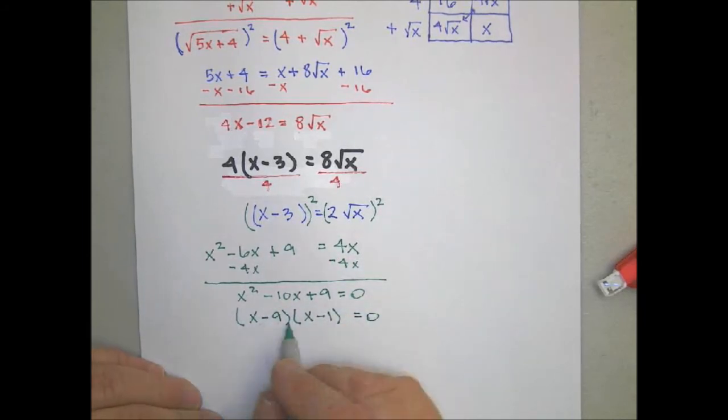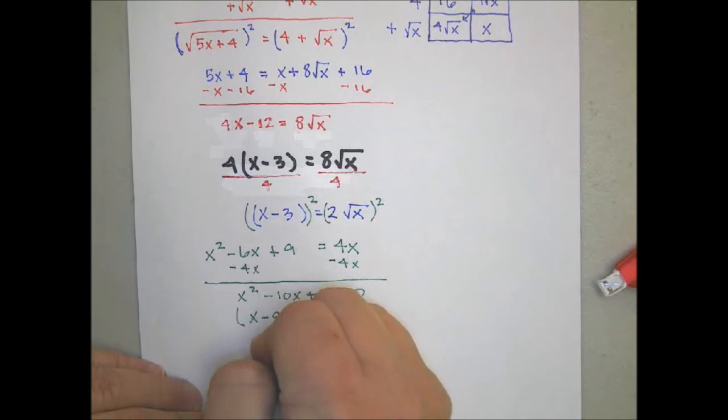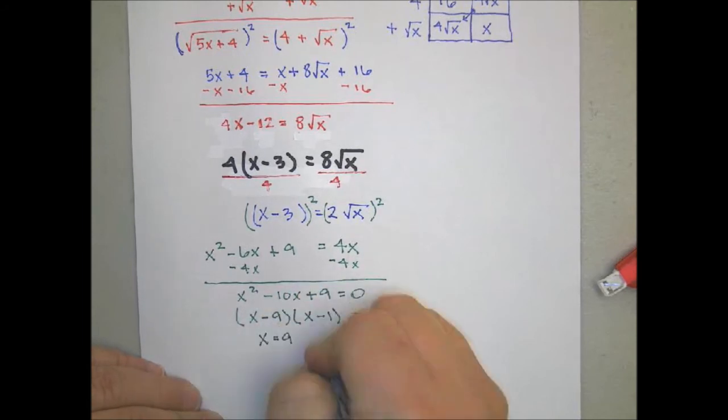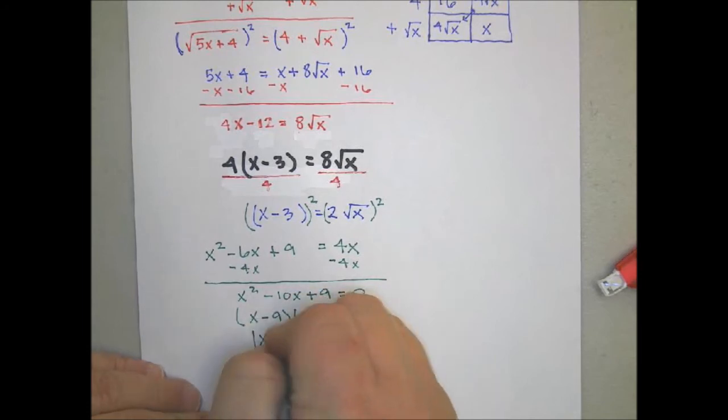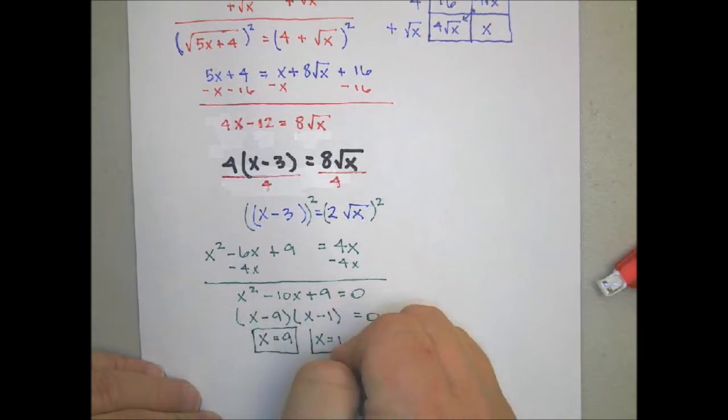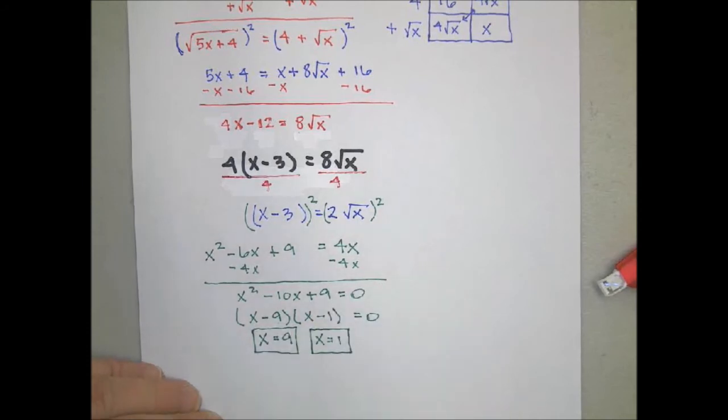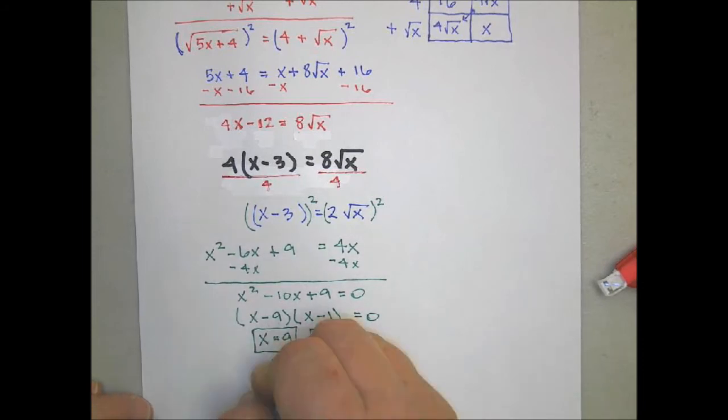And if I solve for this factor, I get x equals 9. And if I solve for this factor, I get x equals 1. And you're probably just about had it with this problem. We would want to go back and plug these two answers back into the original problem to see if it works. But take it from me, it does. Neither one of them needs to be thrown out. And so those are our two answers to the problem.